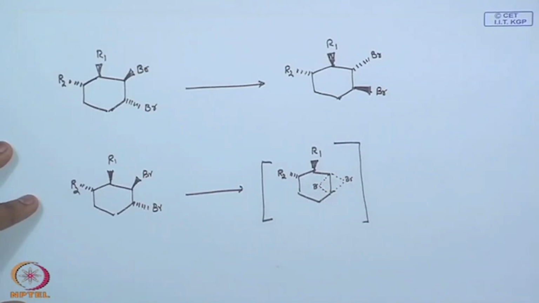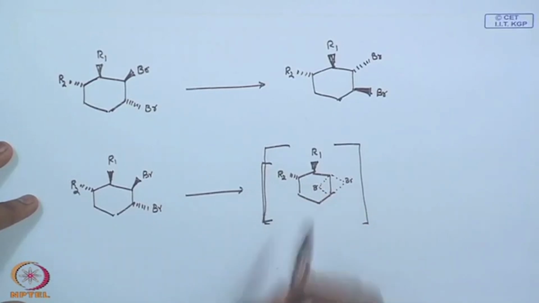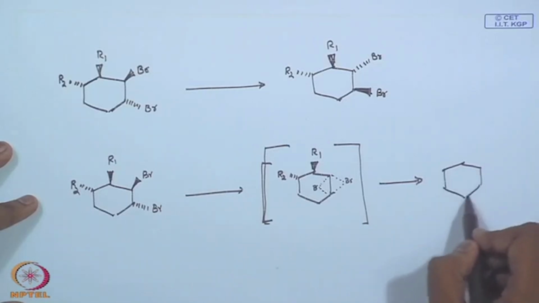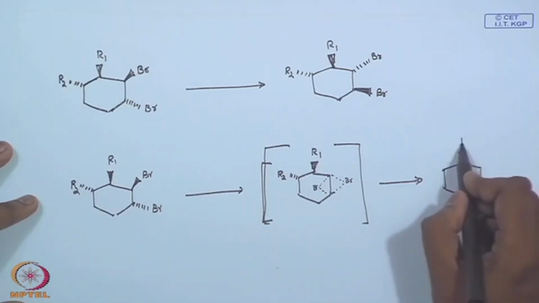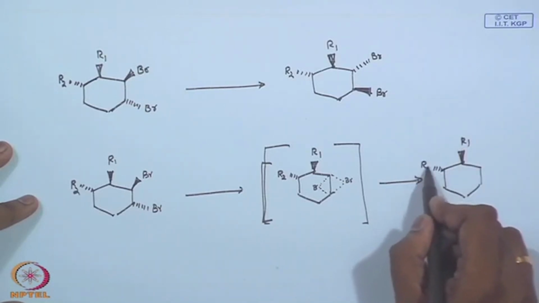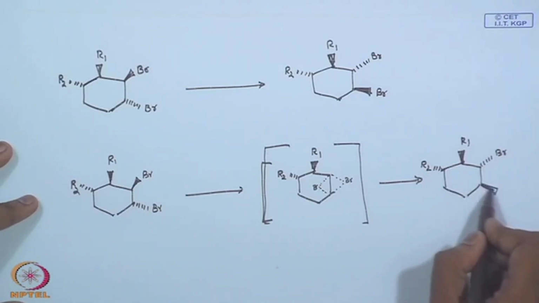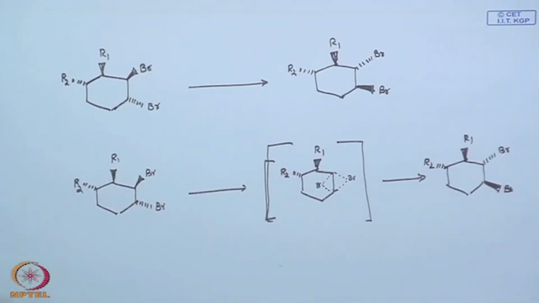Now they can easily interchange to give my product, R1, R2, then you have your Br and my Br. This you call a type 1 diatropic rearrangement. Any doubt with this? So this is called type 1. Now we will see type 2, how it works.